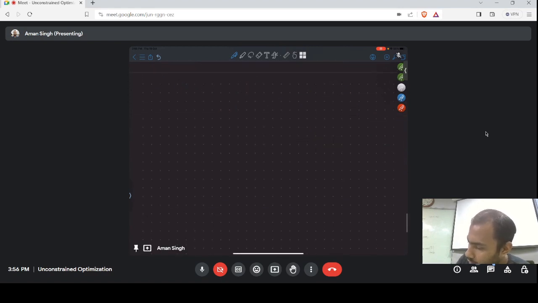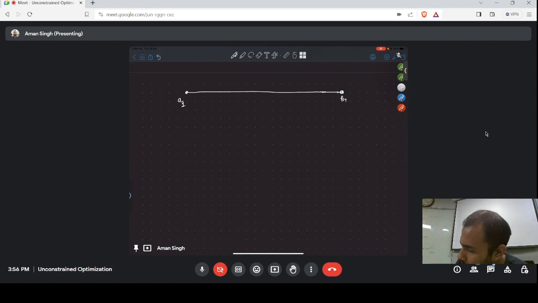Let's say this is the initial interval of uncertainty AB again. Let's call this A1 and B1, with lambda 1 and mu 1. One assumption that we'll make here is that we'll initially place them in such a way that they are symmetric.